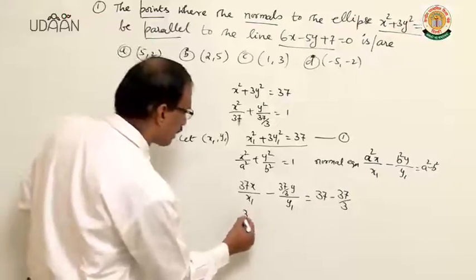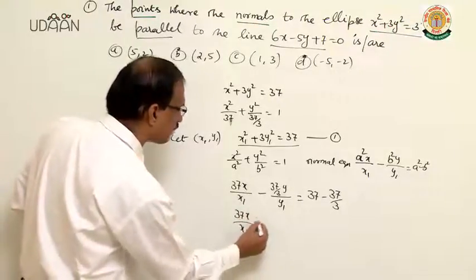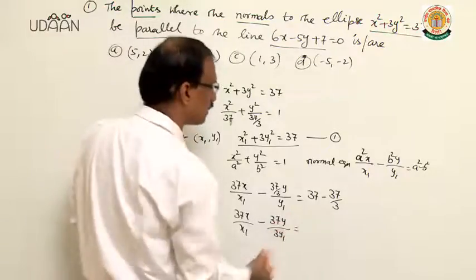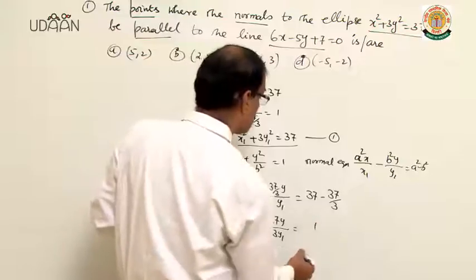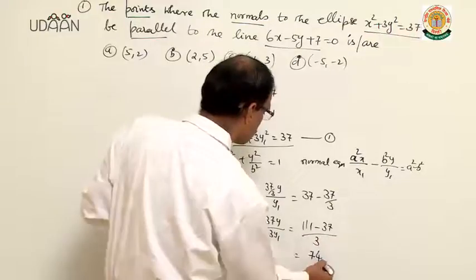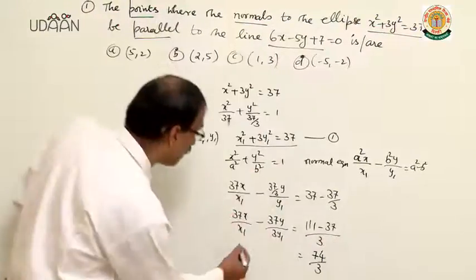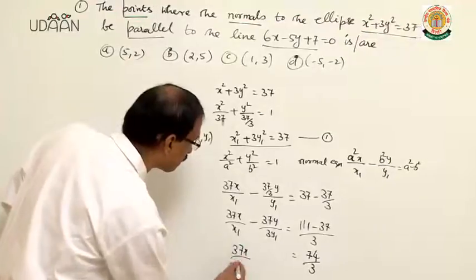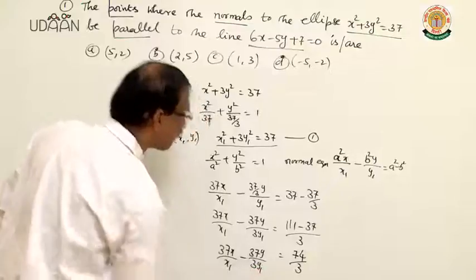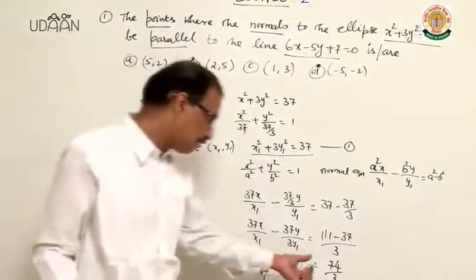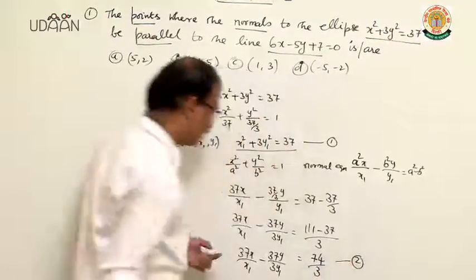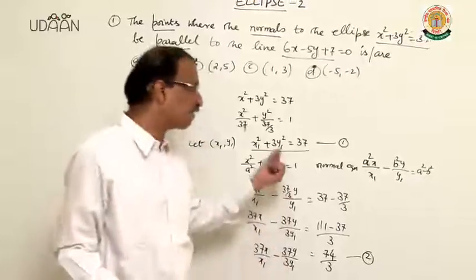Or you can write 37x upon x1 minus 37y upon 3y1 equals 74 by 3. Take this as equation 2. This is your equation of the normal.